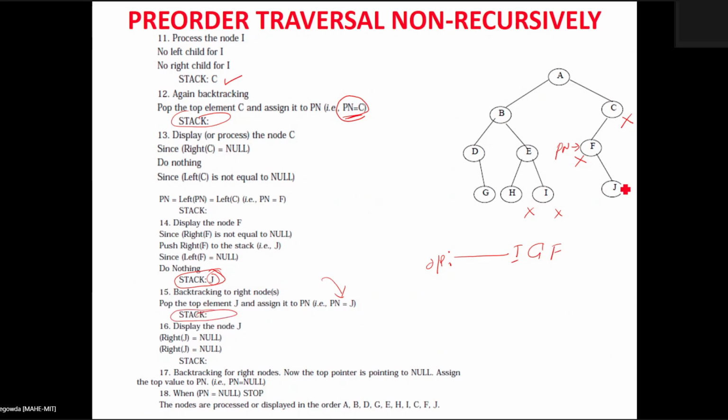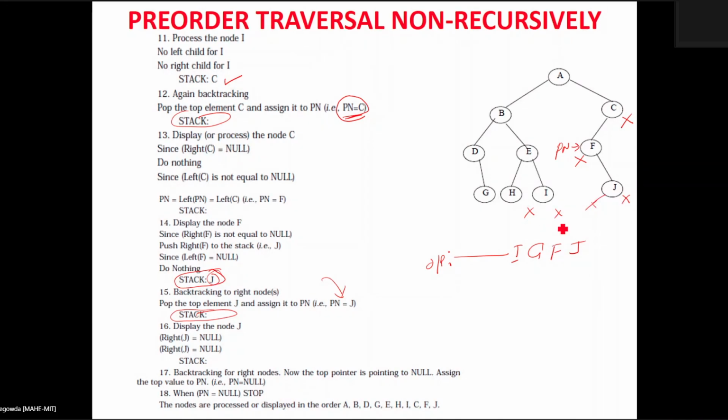Now I have to process the J value, so I'll get a J here in this case. After that, I'm going to check whether the right subtree is there or not. There is no right subtree, so there is nothing to push onto the stack. I'm going to check whether the left subtree is there or not. There is no left subtree.